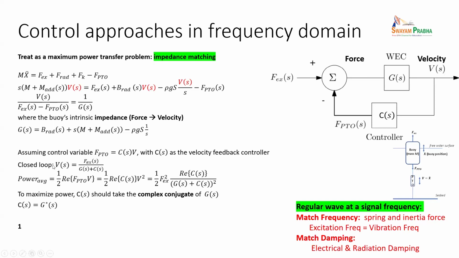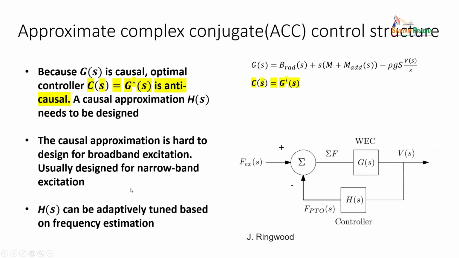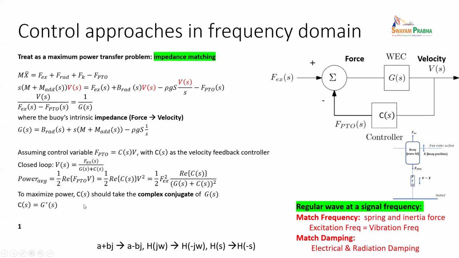Similarly here, you get the power output from force times velocity, and you get this condition. To get maximum power, you take the complex conjugate. What the complex conjugate means is exactly this.